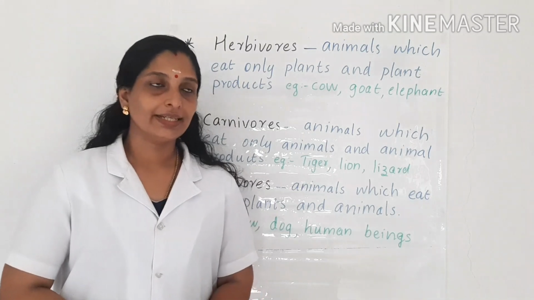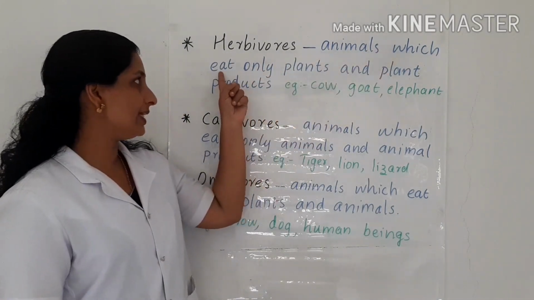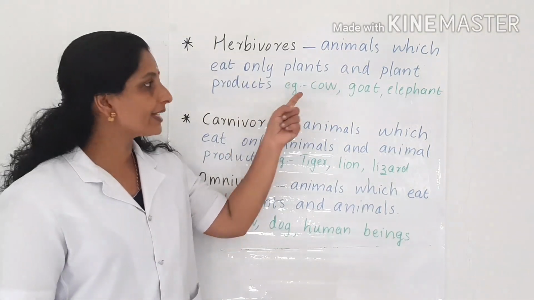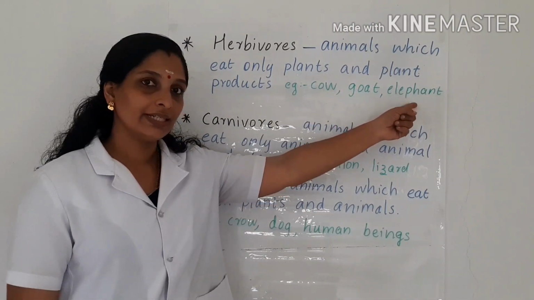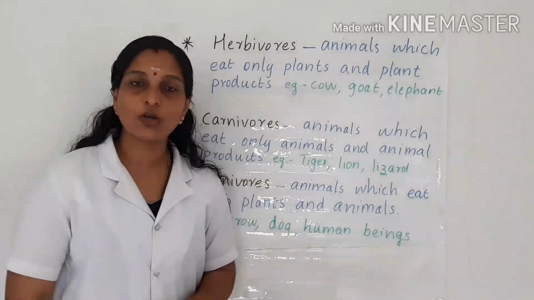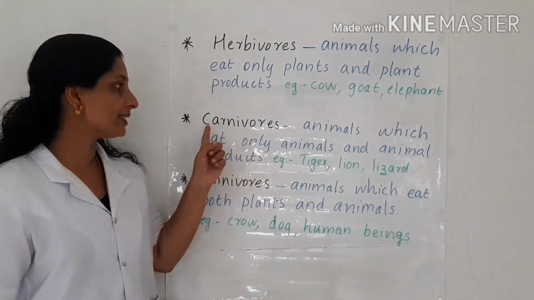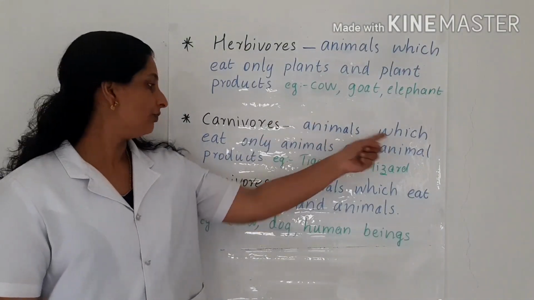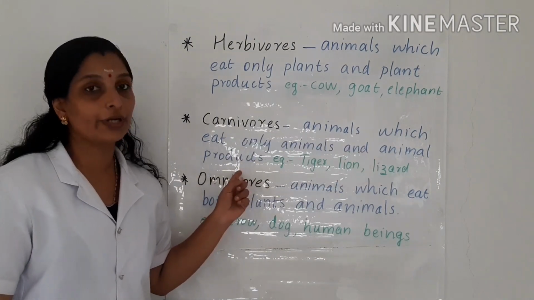So children, herbivores means animals which eat only plants and plant products. For example, cow, goat, elephant. These animals eat only plants, isn't it? Next group is carnivores. These are animals which eat only animals and animal products.